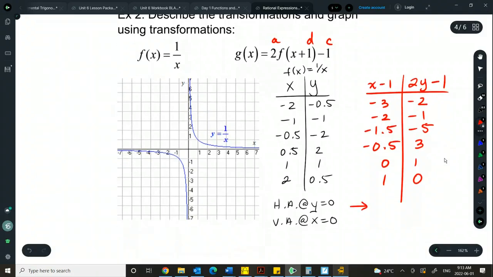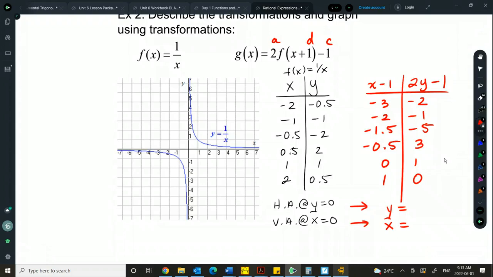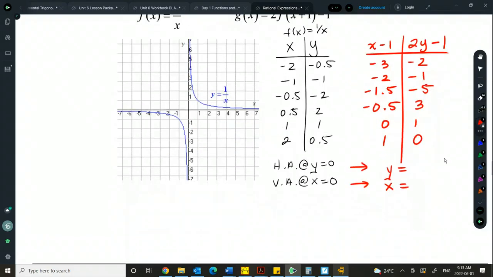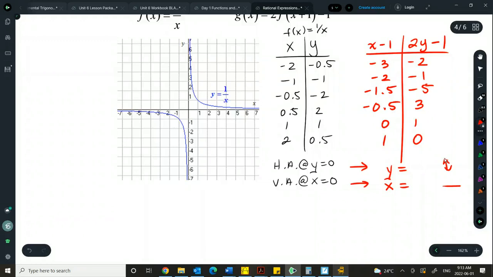What are the new locations of the horizontal asymptote and the vertical asymptote? Think about how this is shifted up and down, and think about how this one has shifted to the left and to the right.